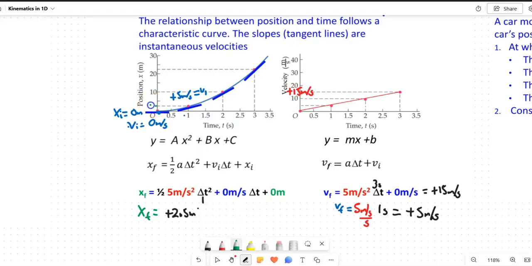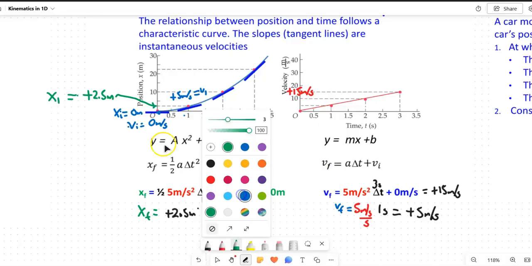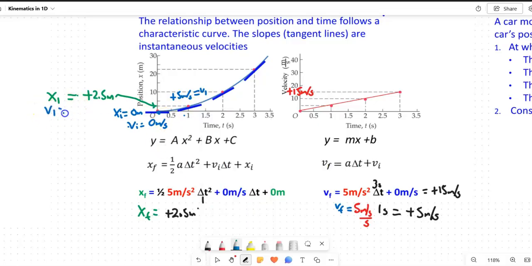So this position is positive 2.5 meters, which is the position at 1 second. And I'm going to write that again over here: the slope of this line, v1, is positive 5 meters per second.